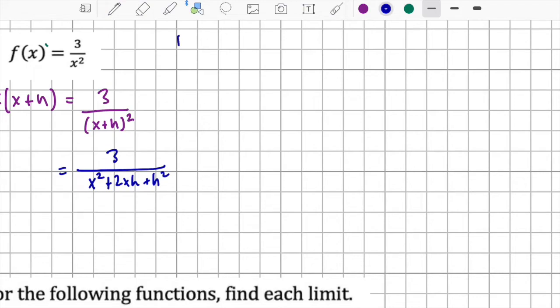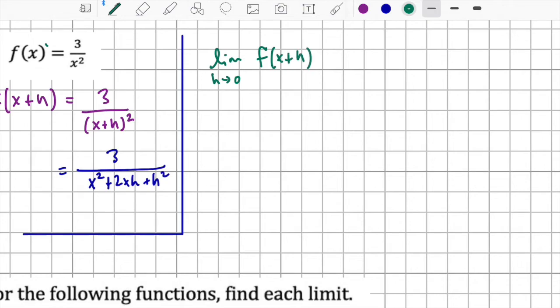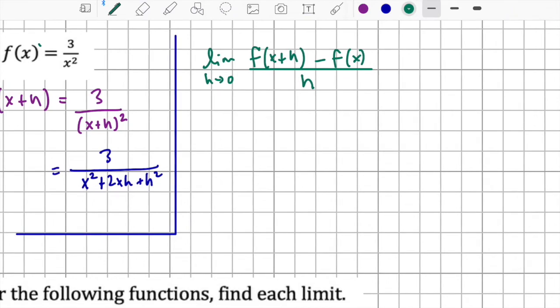Okay, so now let's find that limit. So it'll be limit as h approaches 0 of f of x plus h minus f of x, all of that divided by h. So now we're going to replace them. We're going to replace f of x plus h.